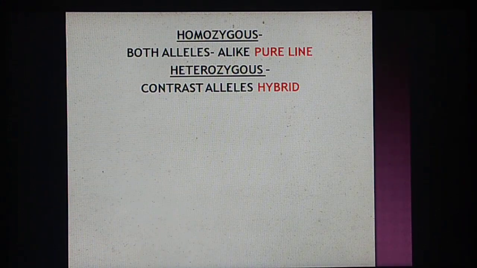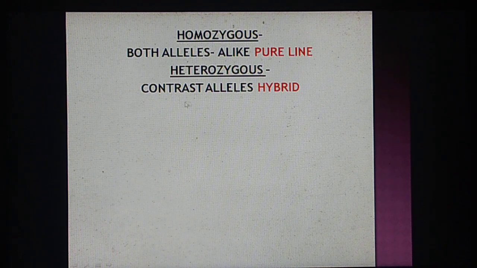Now what is homozygous? It is an individual organism in which both the alleles of a character are alike. That means similar alleles are present in this particular individual, and we usually call it a pure line. Whereas heterozygous is an individual organism which contains contrasting alleles of a trait or a particular characteristic.